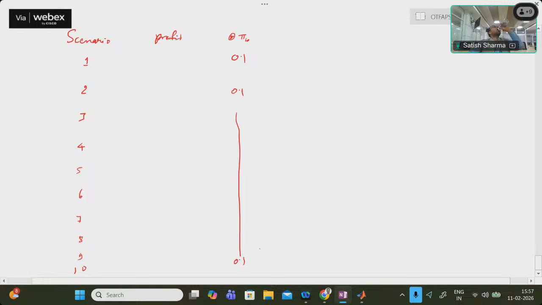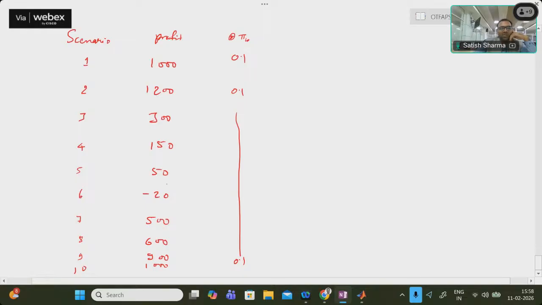Okay, now some of the scenarios can give me a very high profit. Some will give me low profit, and let's say 50, minus 20, then 500, 600, and let's say 900 and 1000. Okay, so these are the different profits available.